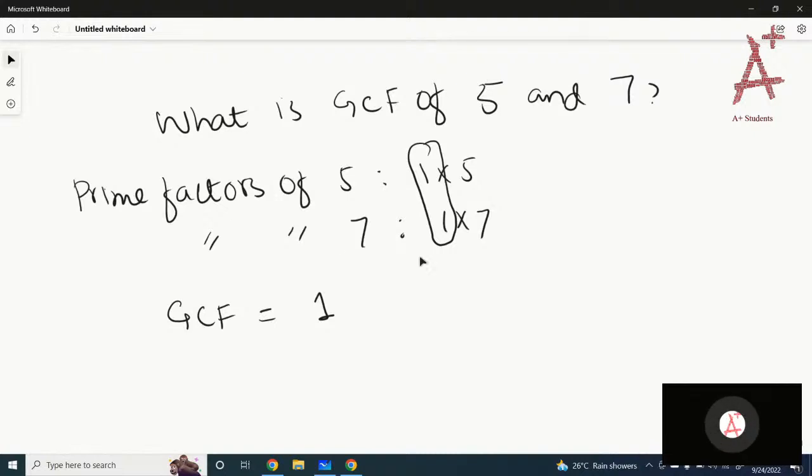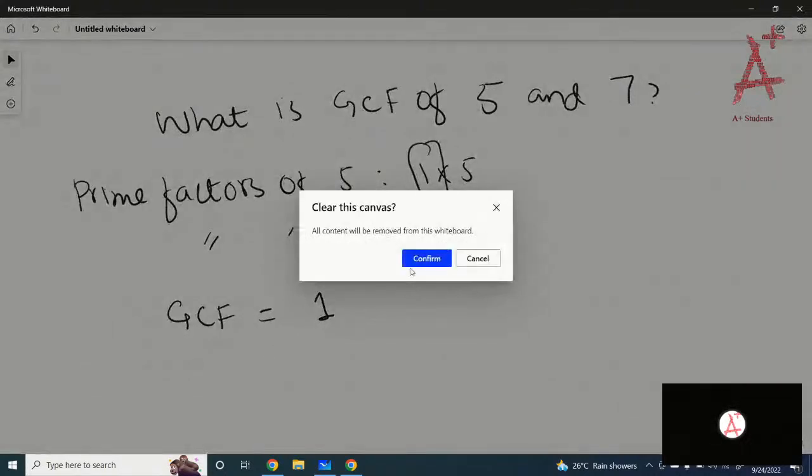The next one is, write the GCF of 12 and 15.